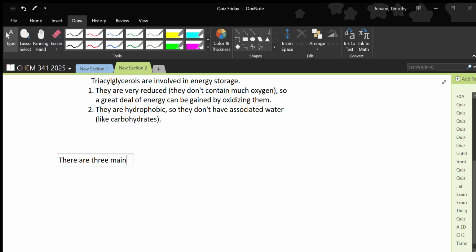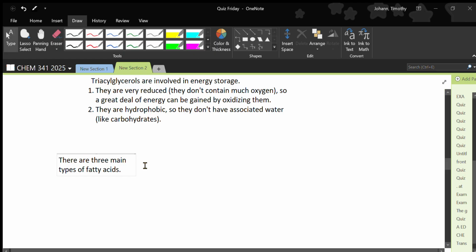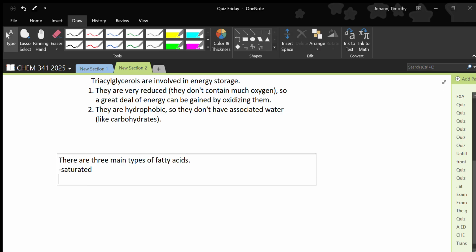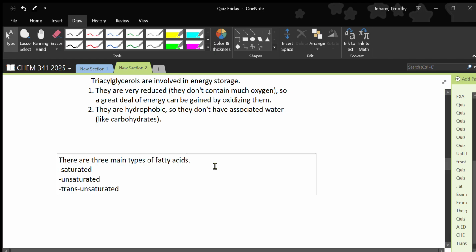Okay, they're going to be saturated, unsaturated, and trans-unsaturated. Okay, saturated fatty acids have no double bonds.